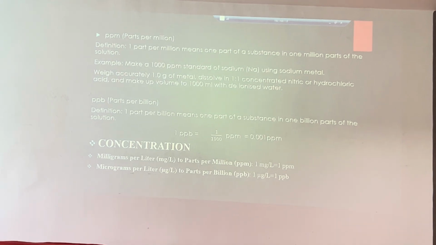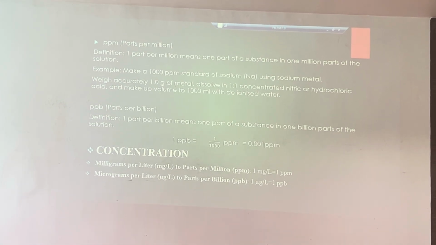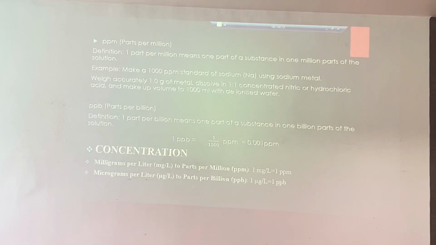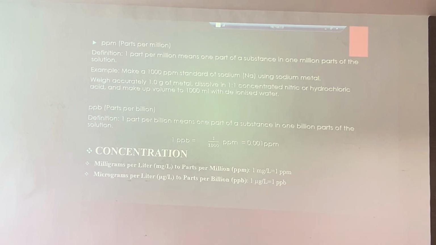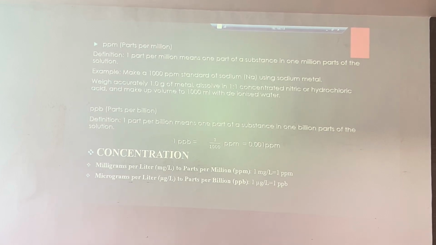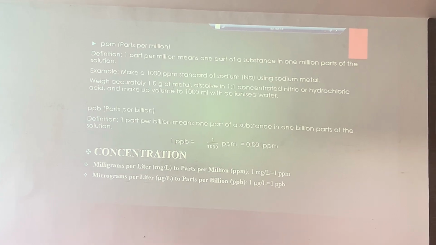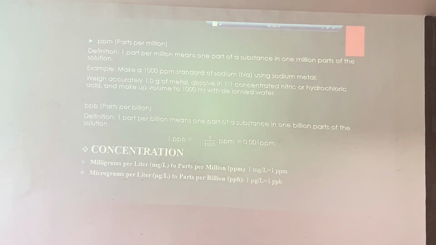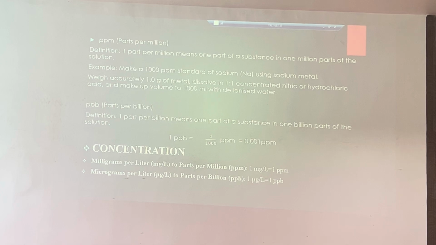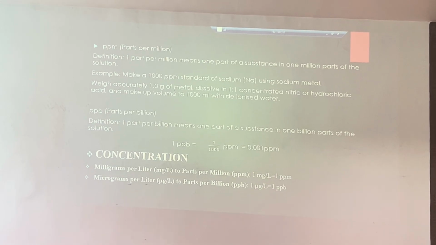So a 1 ppm solution means you put 1 gram of the substance into 1000 ml, and then you can call it a 1 ppm solution. 1 mg per liter is 1 ppm. 1 microgram per liter is 1 ppb. Simply remember, ppb is mostly used for ICP-MS, LC-MS, GC-MS.